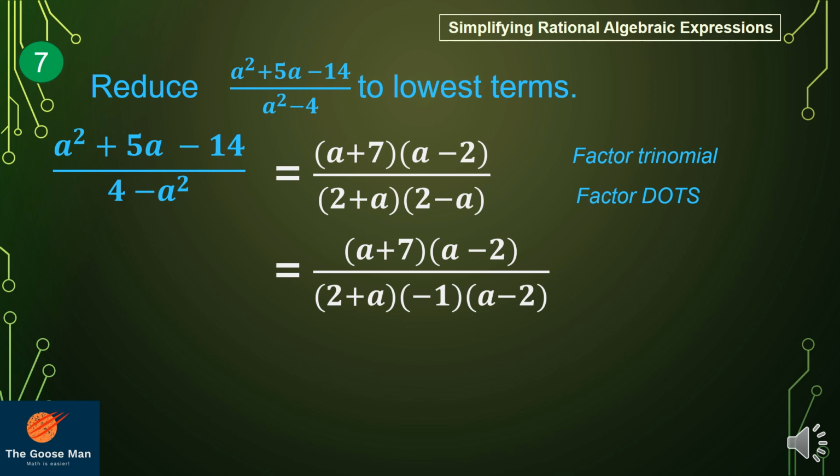So simply put negative 1 and interchange 2 and a, so we have a minus 2. So therefore, I can now factor out a minus 2 and a minus 2. In the numerator, I have a plus 7, while in the denominator is a plus 2 times negative 1. Or in simplest form, I can rewrite this as a plus 7 all over a plus 2, with a negative sign.